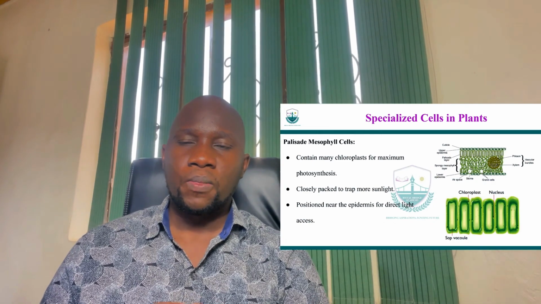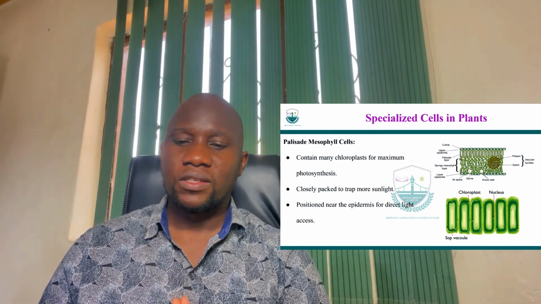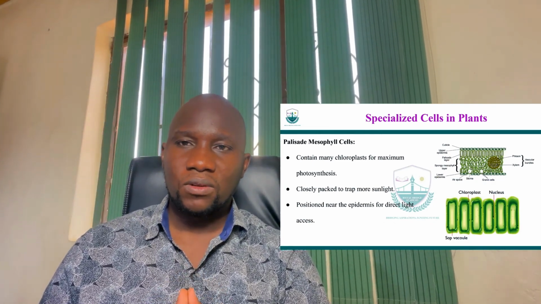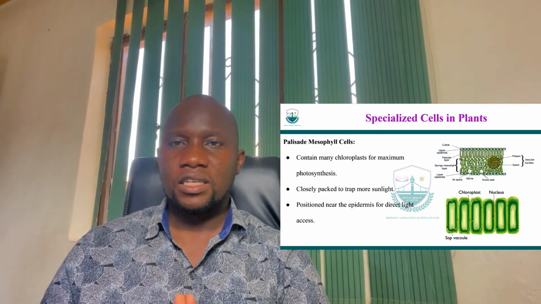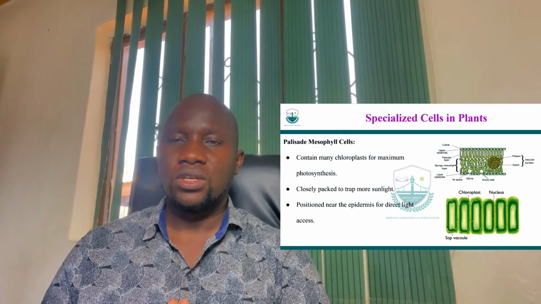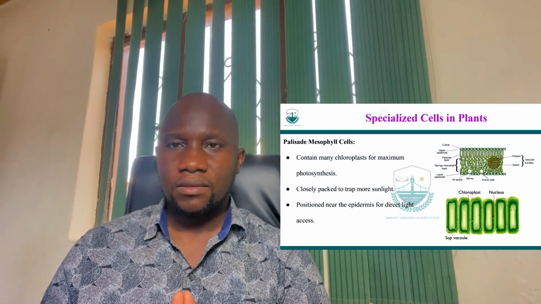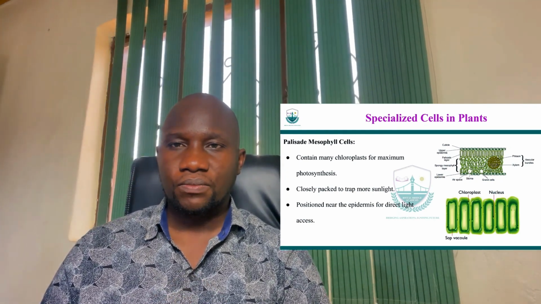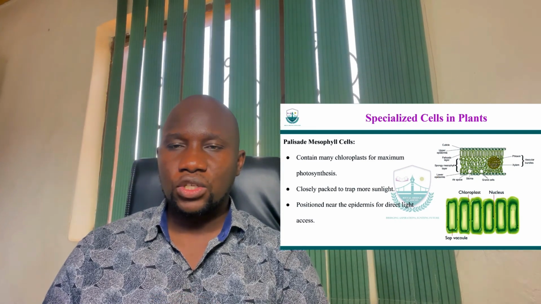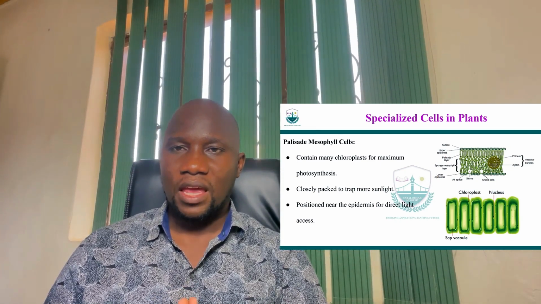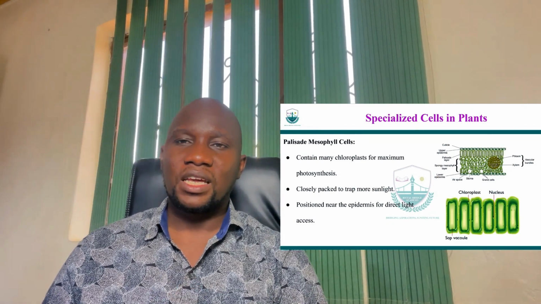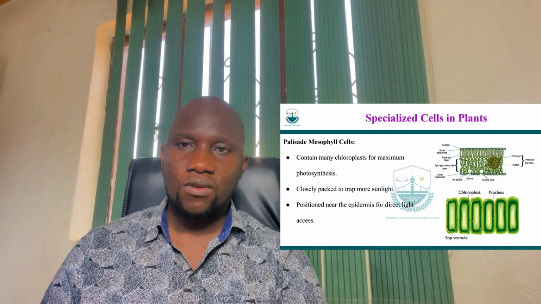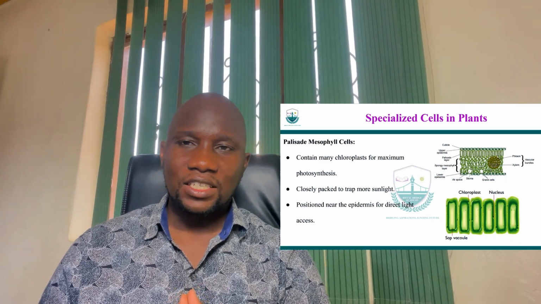Okay, so what is the importance of this? With the palisade mesophyll cells containing very many chloroplasts, it means that they are well positioned to capture light energy. They are in position to capture sunlight energy, and the fact that they are numerous means that they can capture a sufficient amount of sunlight energy.